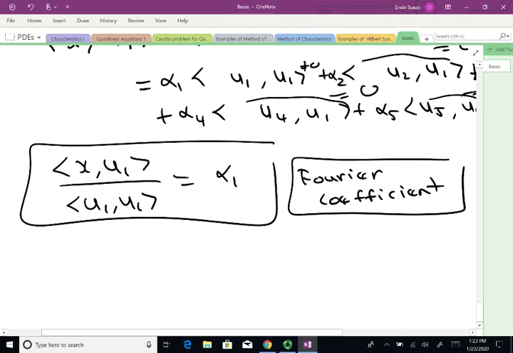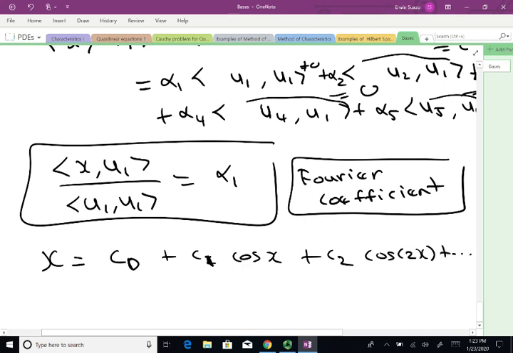What I'm saying is that I can give you a function x, and you can express this function as a sum of c0, c1, c2, and so on.